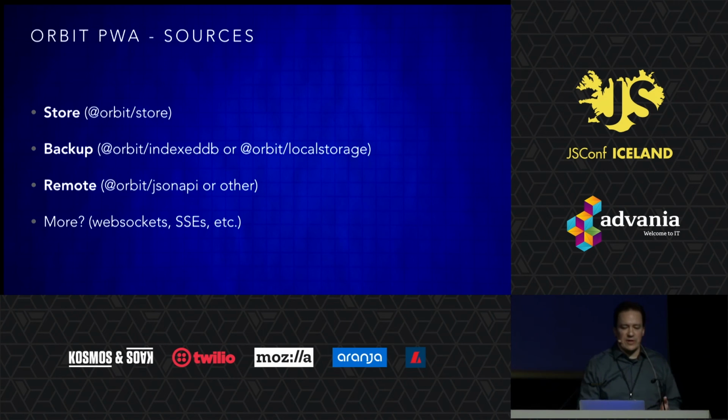You might have sources like a store, a backup source, which probably would be IndexedDB, and a remote source, maybe a JSON API source. You might even want to add a real-time source like sockets or server-sent events.